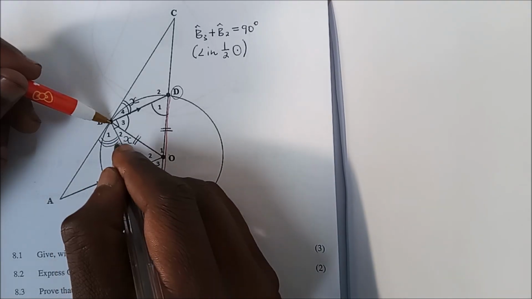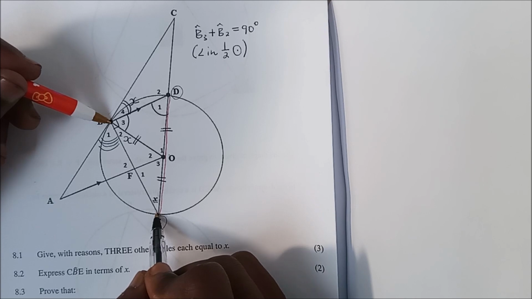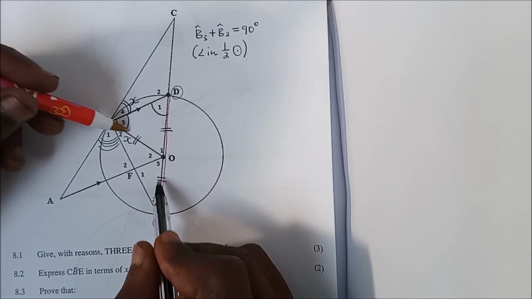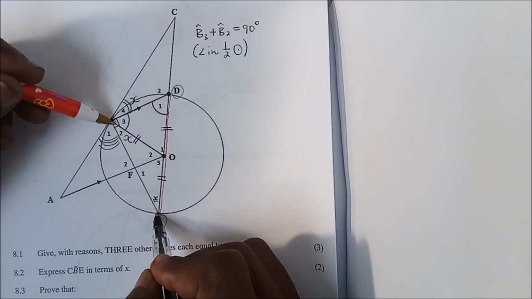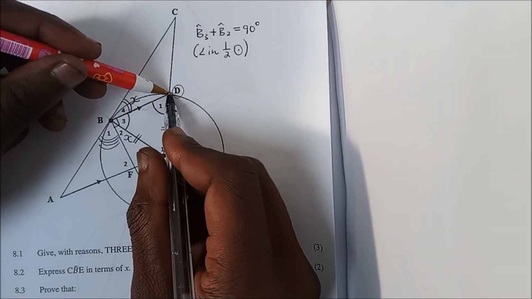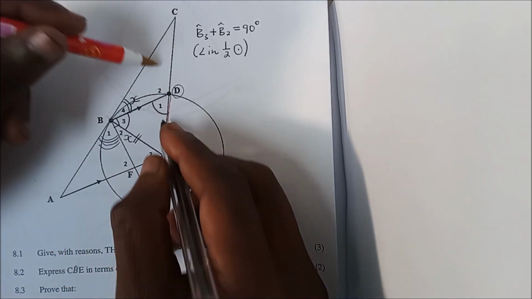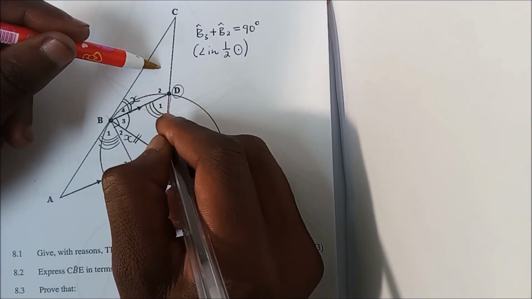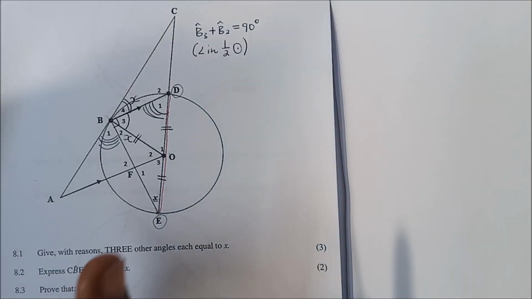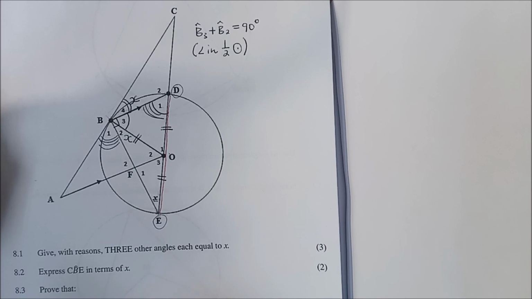Now B1, what is the direction of the pens? Remember, they can't come to this O, they have to stop at the circumference. So they will stop at D. That means B1 is equal to D1. So that's what we can write for there. And don't forget that D1 is also equal to B3. That will be important as we solve this problem.